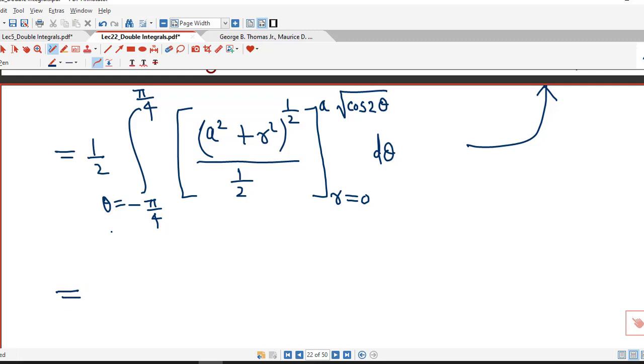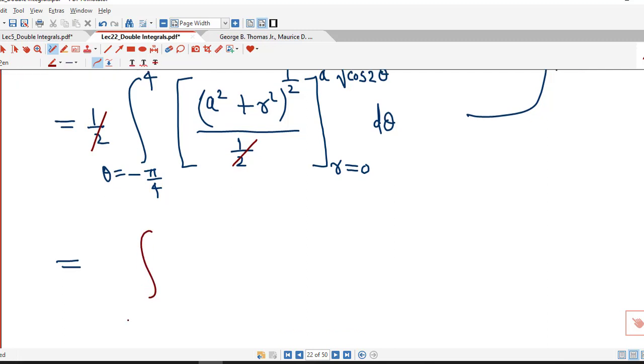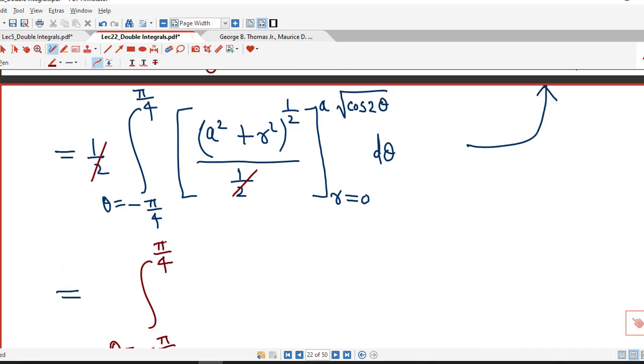Now we can see this 1/2 will cancel out with this 1/2, and we have theta equal to minus pi by 4 to theta equal to pi by 4.